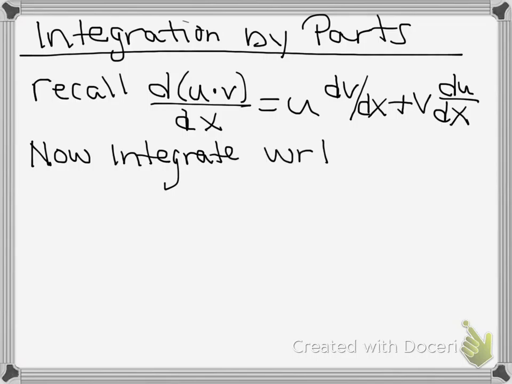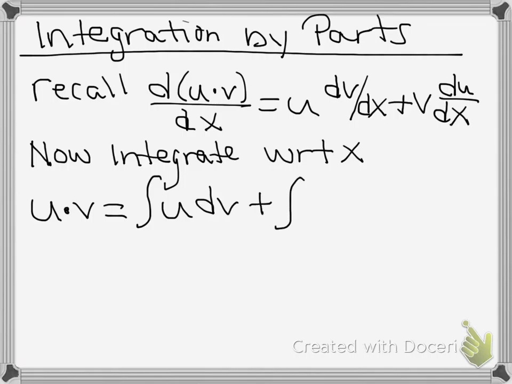With respect to x. So that means I want to take u times v, because the integral of du times v dx is u times v, and that would be the integral of u dv plus the integral of v du.